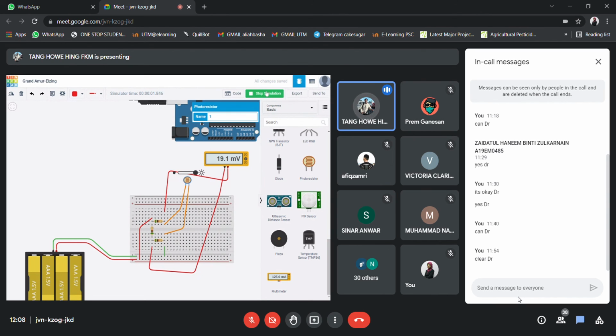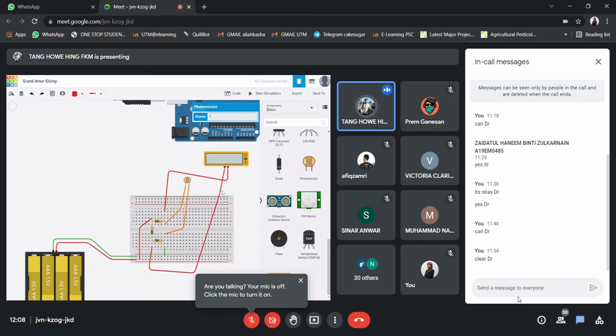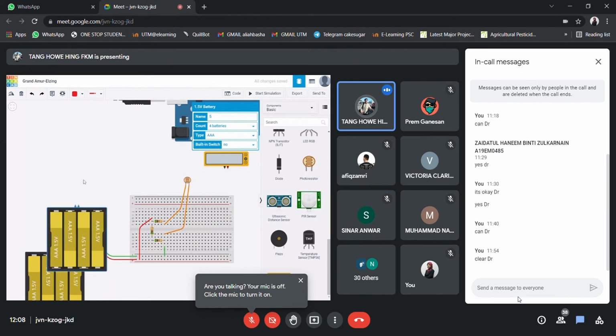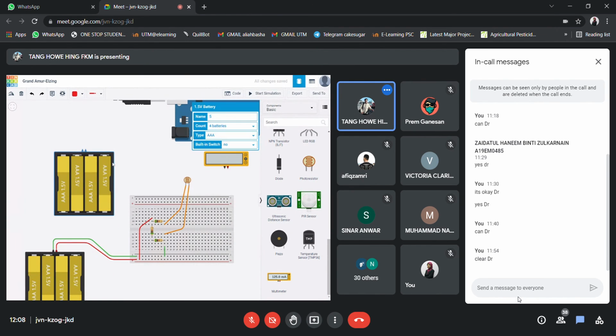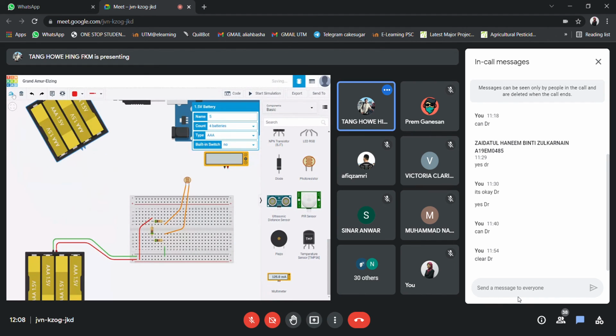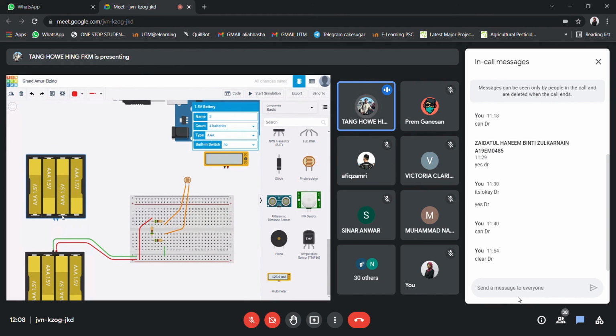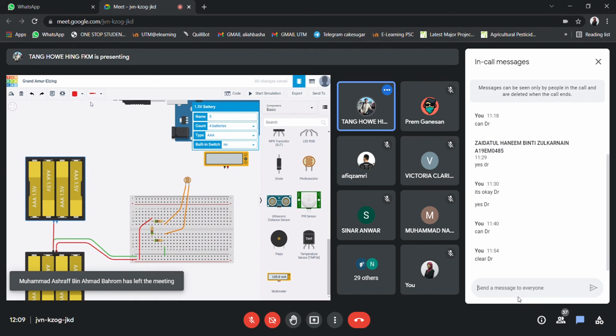Okay, but anyway, I will just show you the complete circuit, right? To use it together with the differential amplifier. Well, first we need to get all, right, so we are going to make it dual power supply.